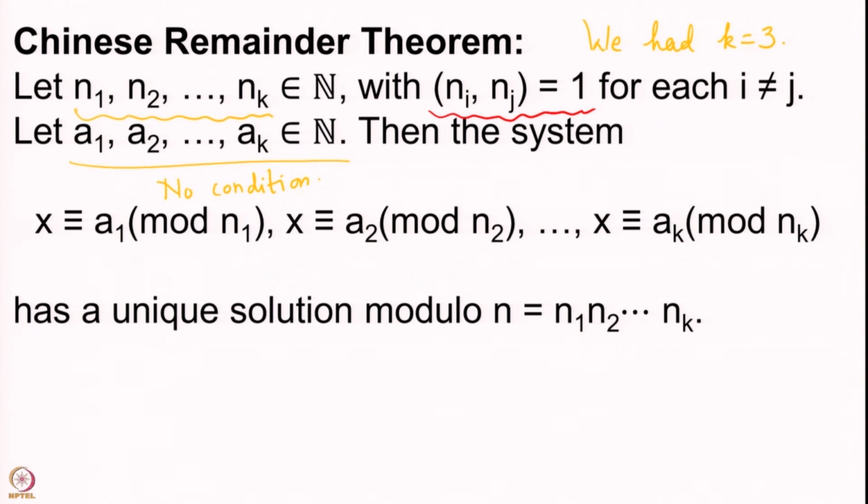Then this system x congruent to a1 mod n1, x congruent to a2 mod n2, so on up to x congruent to ak mod nk has a unique solution modulo the number n, which is the product of all these ni. So, we will need to prove that there is a solution in the natural numbers and we will further prove that the solution is unique modulo this n.